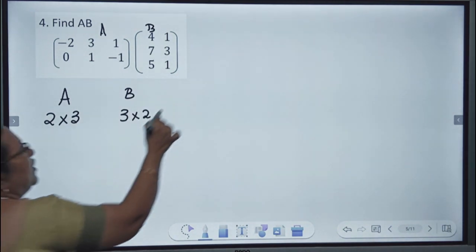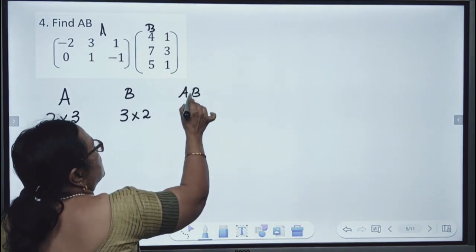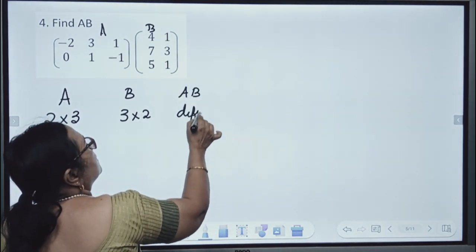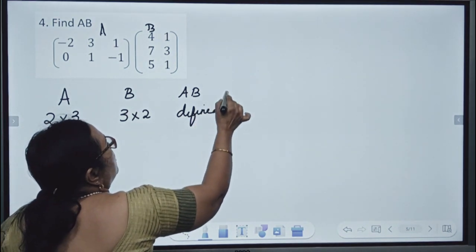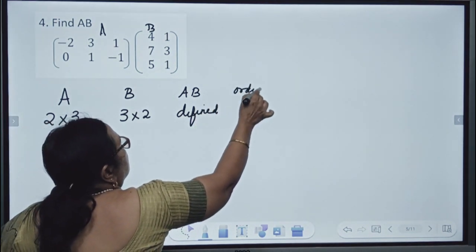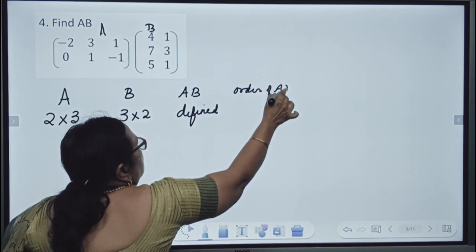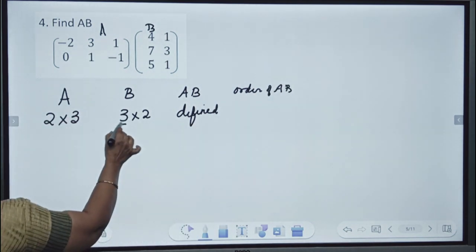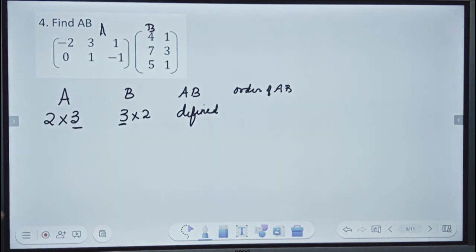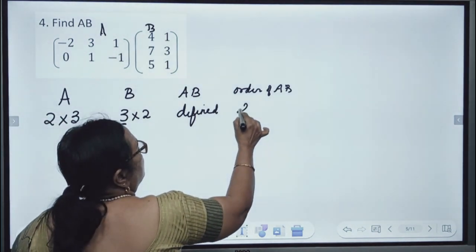So is AB defined? Yes. What will be the order of AB? Since these two numbers are same, multiplication is defined and the product will be of order 2 by 2.